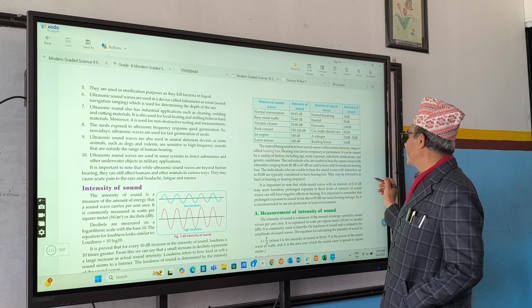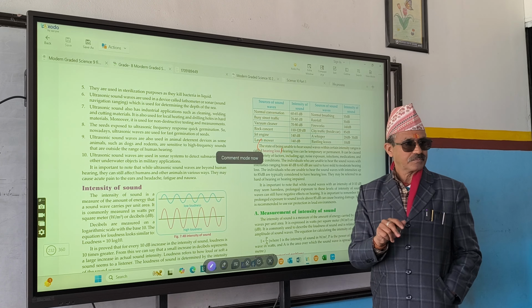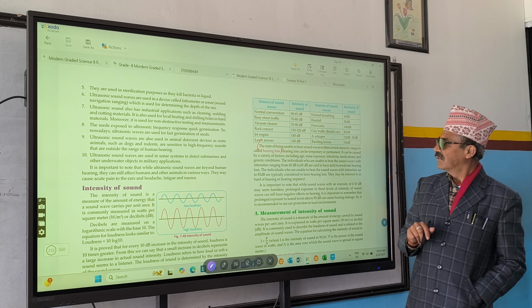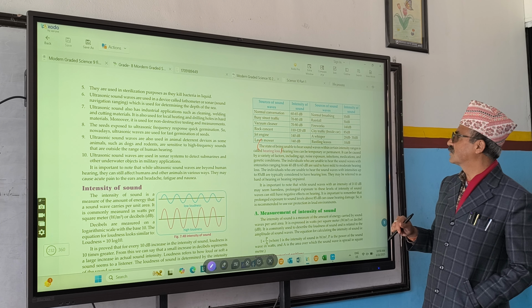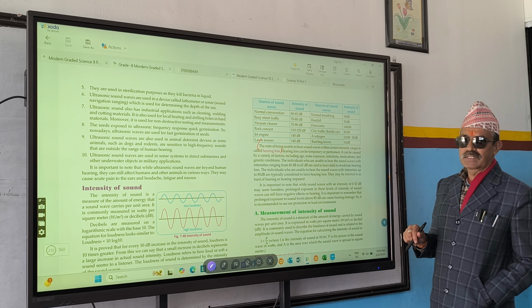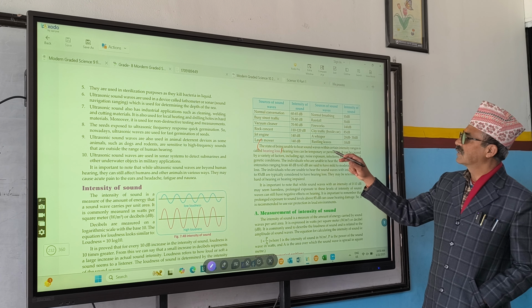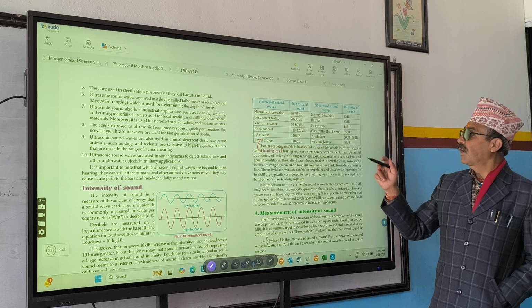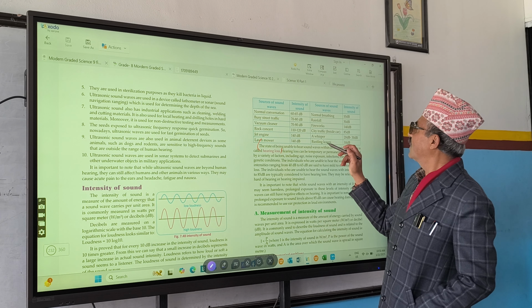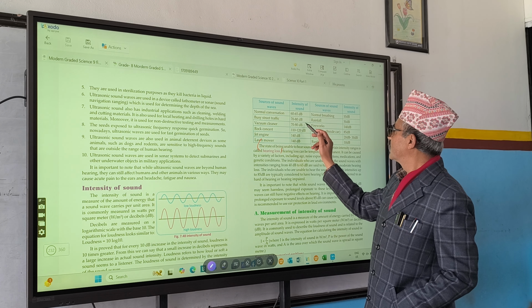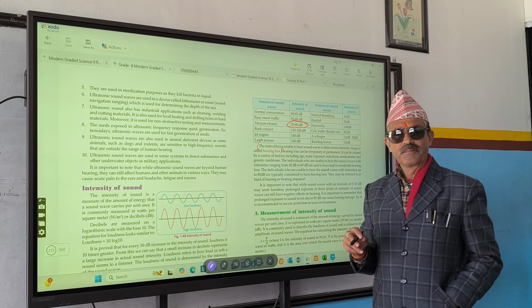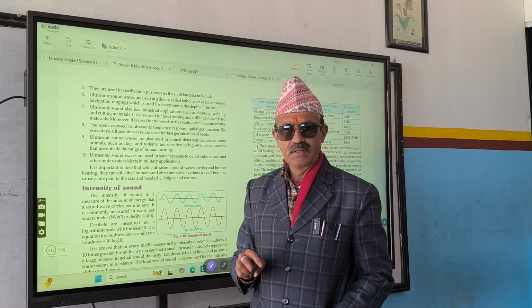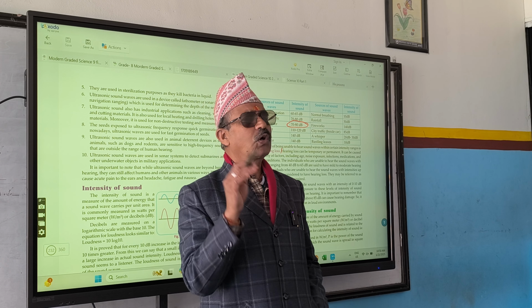What is hearing loss, children? Unable to hear sound waves within a certain intensity. We can hear up to 70-80 decibel, and that does not affect our ear.